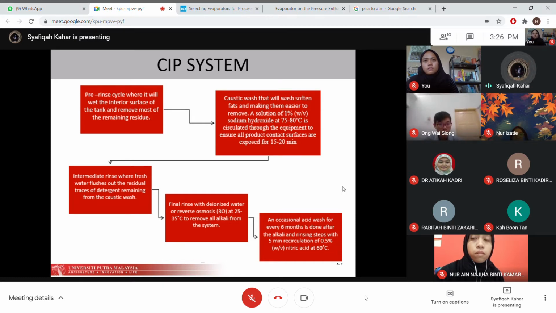And then there will be an intermediate rinse where fresh water will flush out the residual traces of detergent from the caustic wash. And then there will be a final rinse with water to remove all the alkali from the caustic wash and from the system. And then there's an occasional acid wash, every 6 months after the alkali rinsing step, using nitric acid.